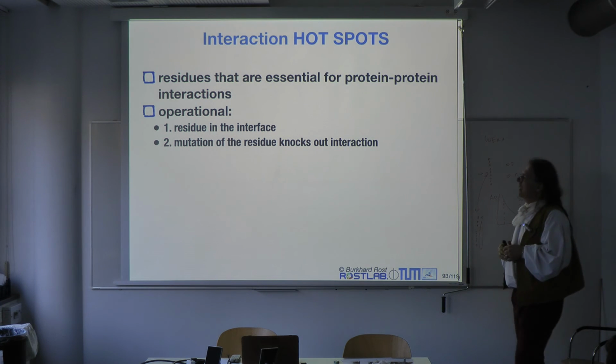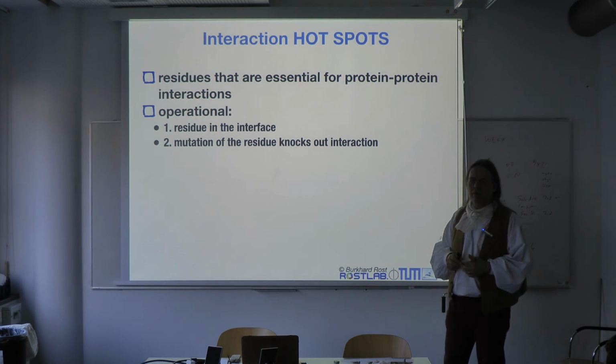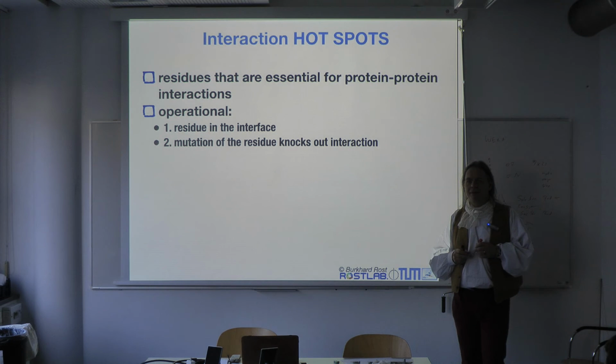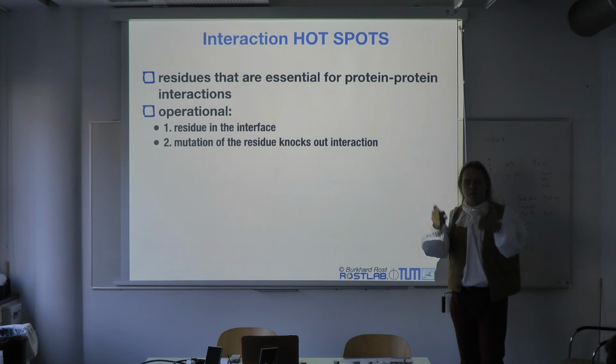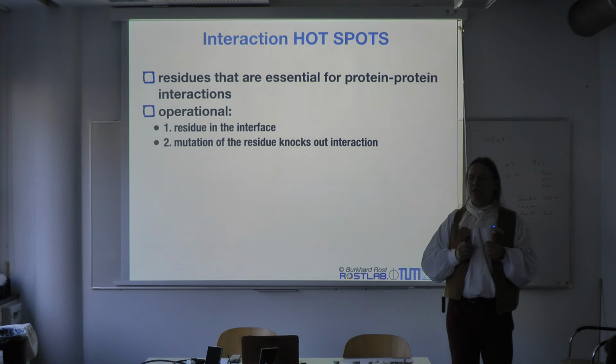Now, essential is a big word. How could you define essential? Any idea how you could define essential? Without this residue, the interaction wouldn't take place. That would be one. In fact, this is a very simple operational definition.